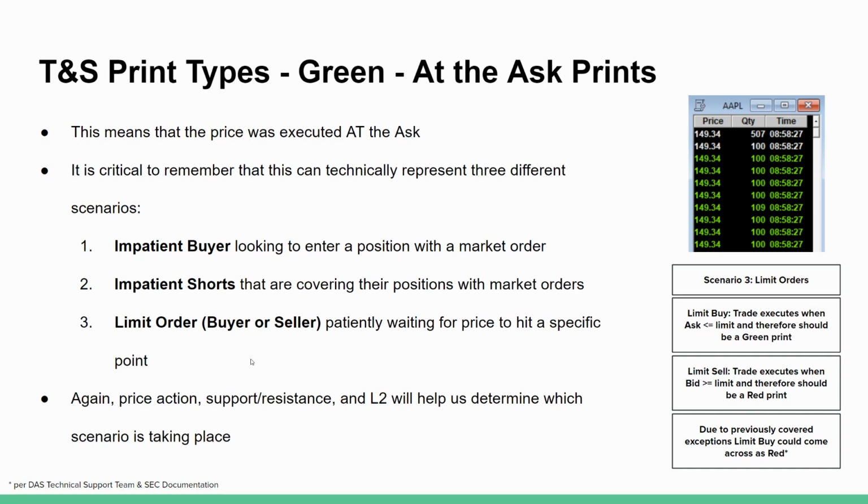If most of the buyers seem like they are impatient buyers or shorts getting squeezed, that is going to result in very different price action than if most of the buyers in that transaction are people just patiently waiting for a limit order to get hit, right? That could stall the price, whereas impatient buyers and impatient shorts could squeeze the price higher. And so if you understand which group is selling to which other group, or which group is buying from which selling group, you're going to be able to interpret price action and predict future price action way better.